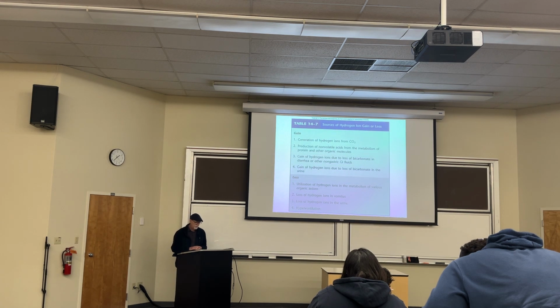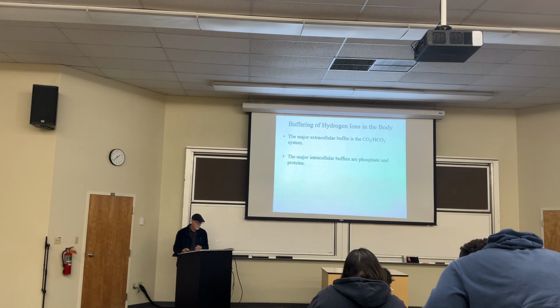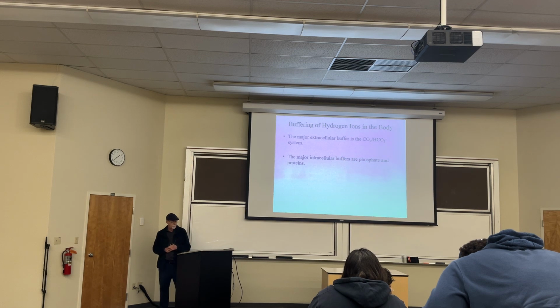These buffer systems, we'll go back to that in a minute, but the major extracellular buffer, in other words, the one in the blood and the interstitial fluid, is the old equation with carbon dioxide and water yields carbonic acid, which dissociates into hydrogen ion and bicarbonate.